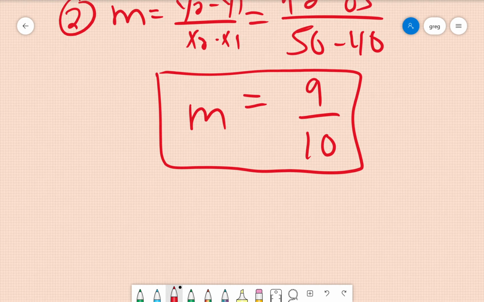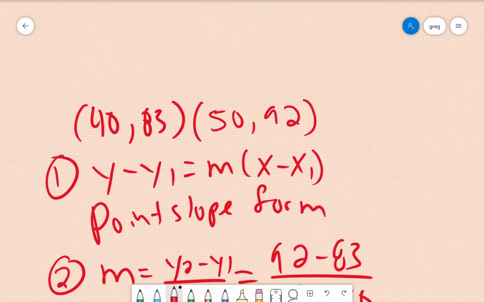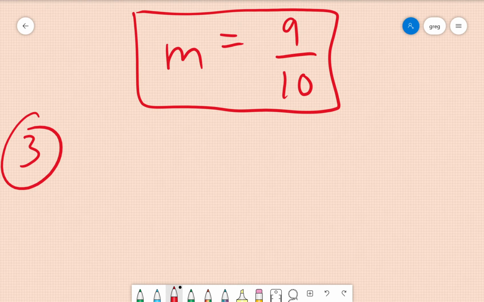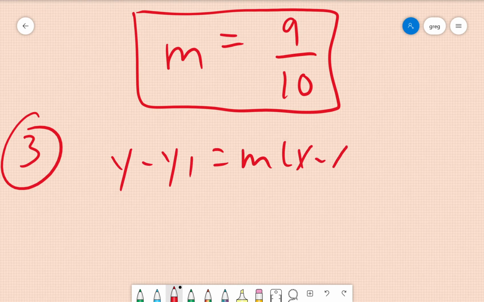So now next part, we have to substitute our values that we already have into our point slope formula. So I'm going to write the formula again. And now let's roll with Lillian Franco. So now can you tell me what I have to substitute in here to start deriving my equation?